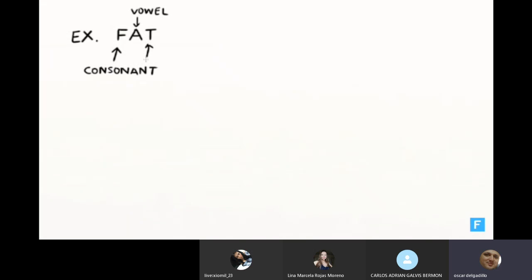Consonant, vowel, consonant. Double the T. Consonant, vowel, consonant. Double the N. Vowel, consonant, consonant. No, don't double the T.